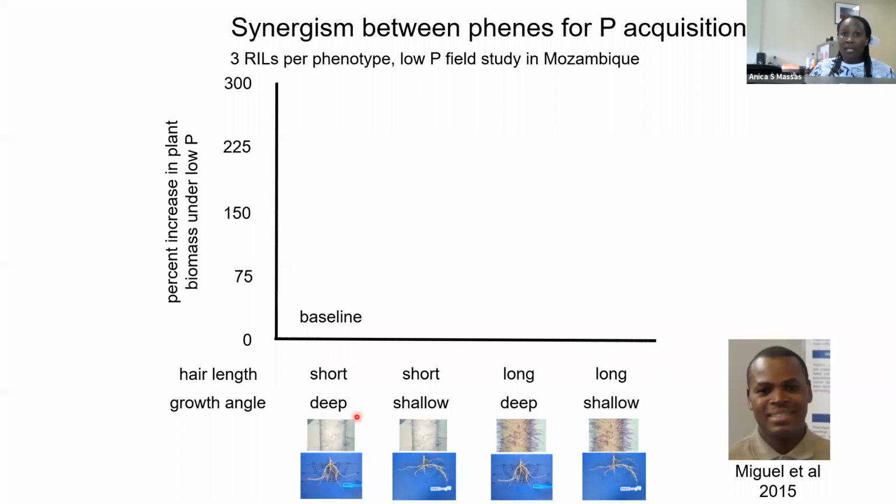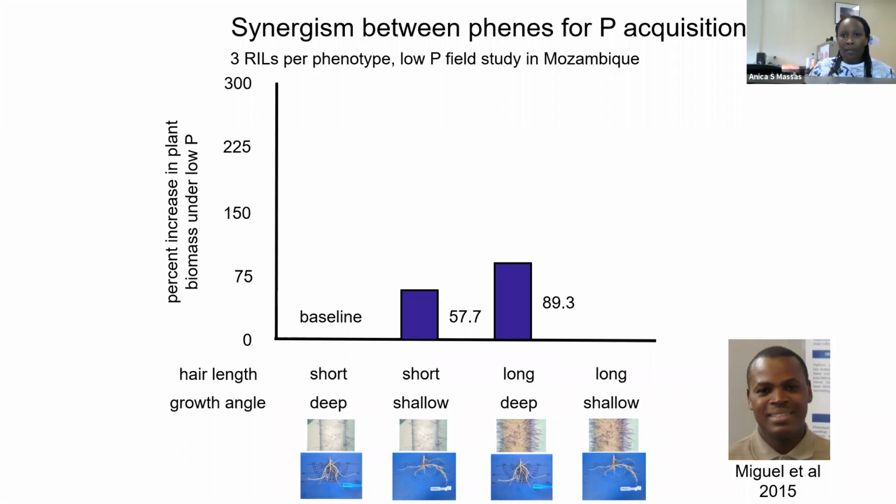As a baseline, he had short root hair length and deeper angle. If we change the growth angle to a shallow angle with short length, we find an increase of 58%. Then if we change both traits, long hair and deeper angle, the increase goes to 90%.